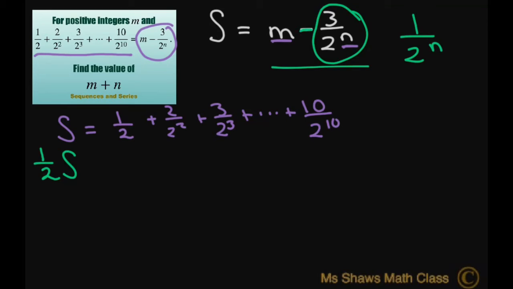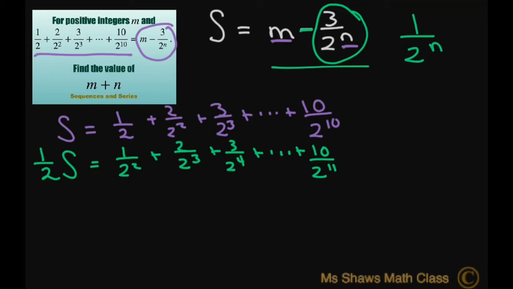So if you multiply your sum by 1/2, this is going to give you 1 divided by 2 squared plus 2 divided by 2 cubed plus 3 divided by 2 to the power of 4 plus dot dot dot plus 10 divided by 2 to the power of 11.